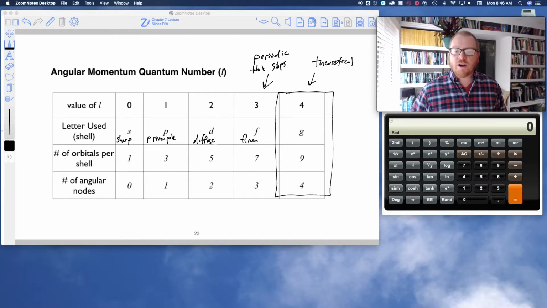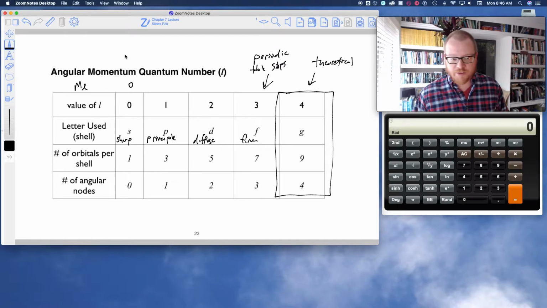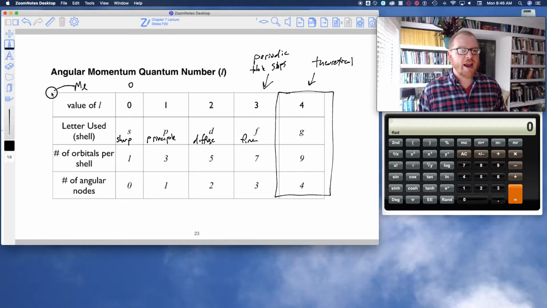So now we can also build up this a little bit. As it turns out with the L values, if I also look at the value of ML, which is based off of L, it can only be 0 when L is 0. And here's how this works. That is 1 ML number, correspondingly 1 orbital per shell. I'm going to draw an arrow to this.